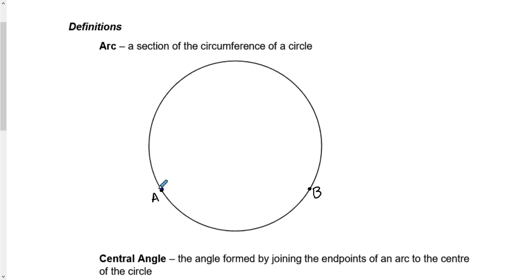So we could say all the way from here, all the way around. I apologize for the crooked line, but this is an arc. It's a section of the circumference. At the same time, I could draw an arc that just goes around here. I could have these points anywhere on the circle. It would just be an arc.